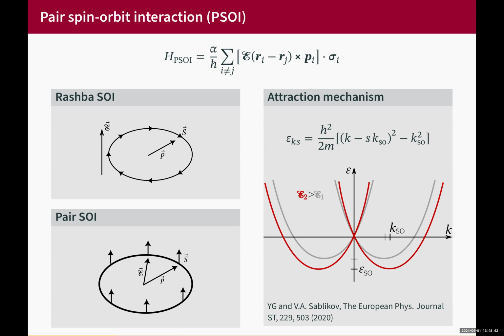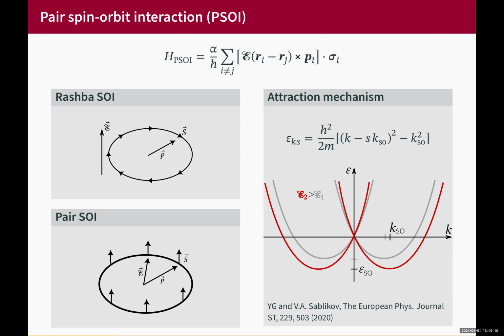Imagine you have a two-dimensional gas of electrons, and you apply an external electrical field normal to the plane. It would align the spins of electrons to a familiar chiral texture. So the spins will lie within the plane and form a chiral texture. Now imagine you have this very two-dimensional gas and two electrons interacting with each other.